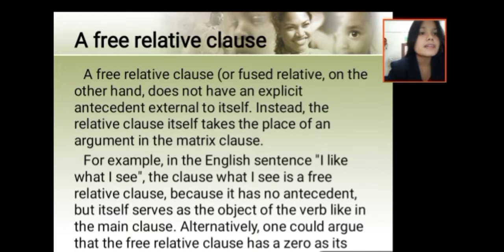For example, in the English sentence, "I like what I see," the clause "what I see" is a free relative clause because it has no antecedent but itself serves as the object of the verb "like" in the main clause. Alternatively, one could argue that the free relative clause has a zero as its antecedent.